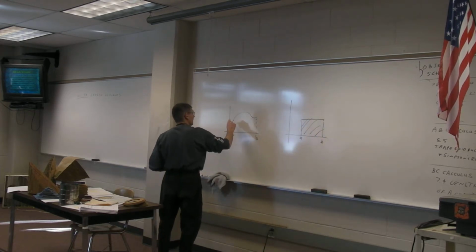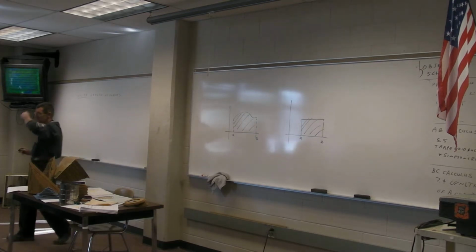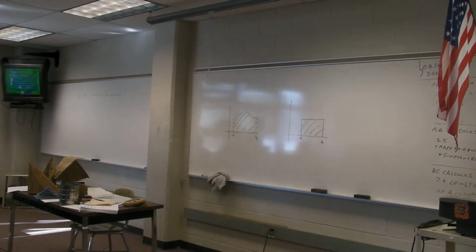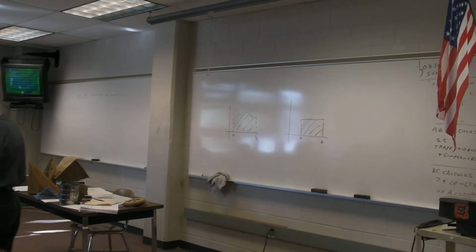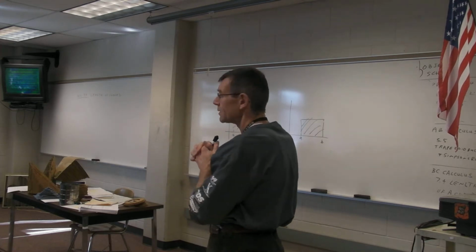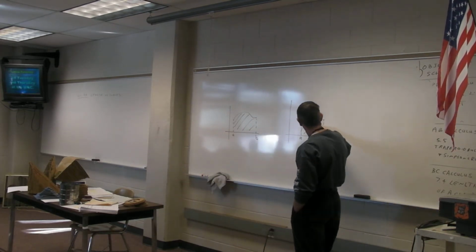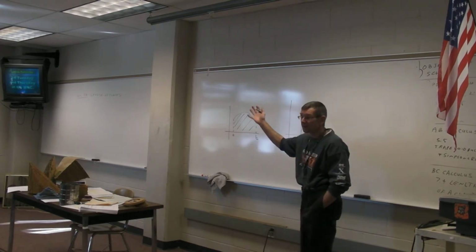Okay, the topic in 7.4 is the length of a curve. When we started integrals, we were finding area under a curve. It was easy to find the area under this curve because it was length times height, and we were done.